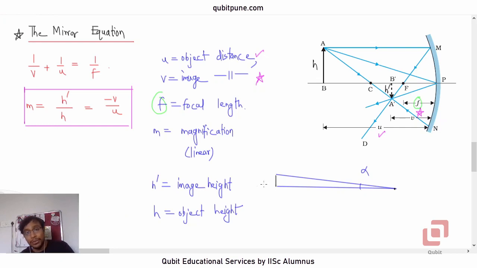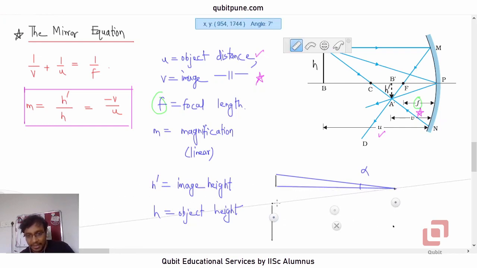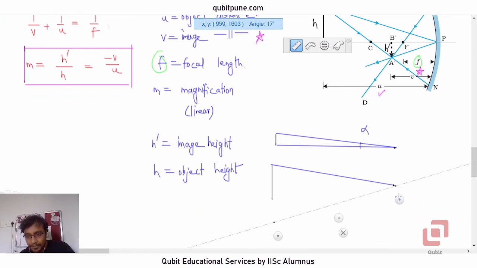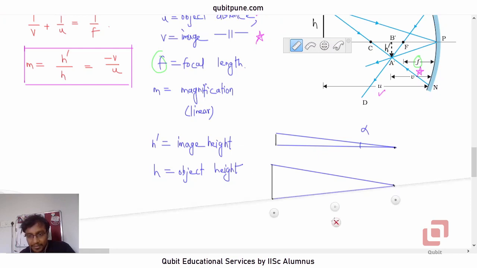Now suppose that instead of observing the star directly through your eyes, you observe its image under a telescope. In that case, the angle subtended by the image, not the object, is beta.